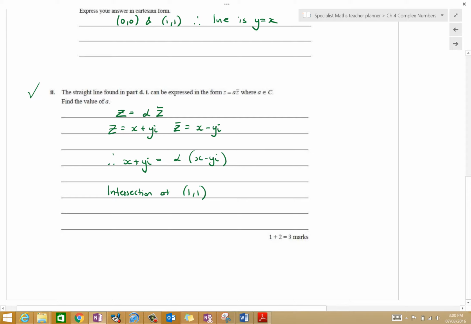So therefore we've got 1 plus i is equal to alpha times (1 minus i). Okay. Now, if those two statements are equal, what can you tell me about alpha? Alpha must be i.